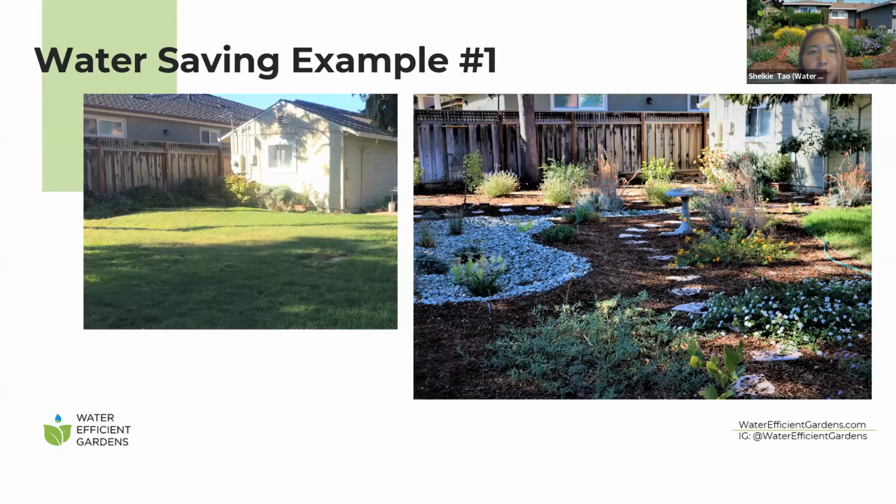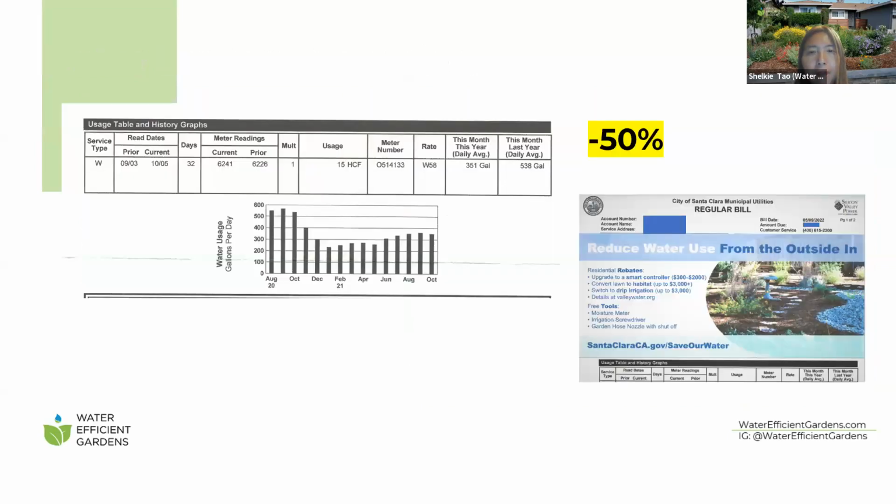For some of the projects, we looked at the water bills before and after. For this garden, the total household water usage was cut in half after the landscape was transformed to the water-wise landscape.